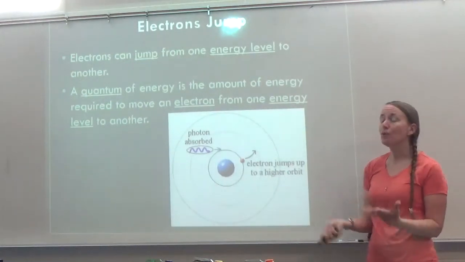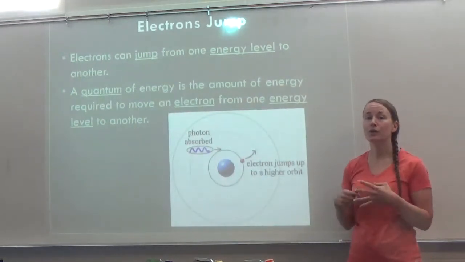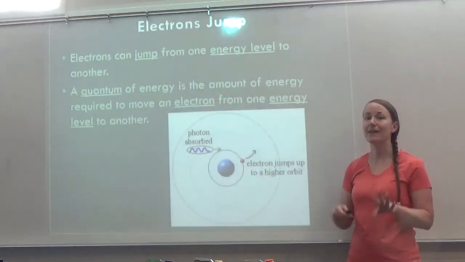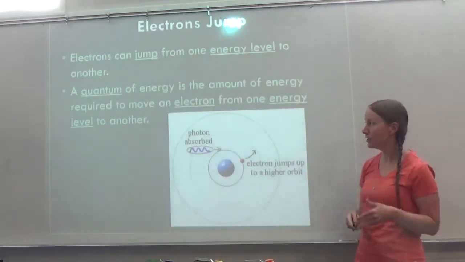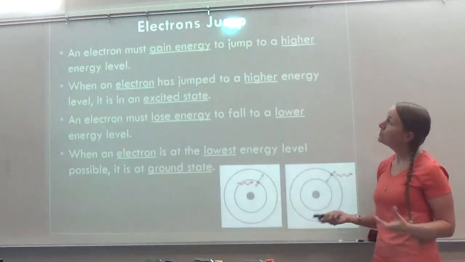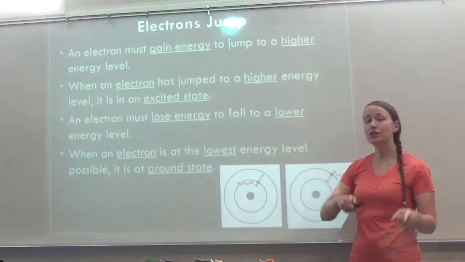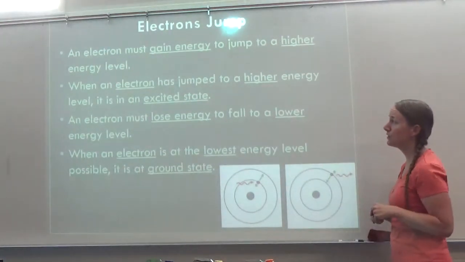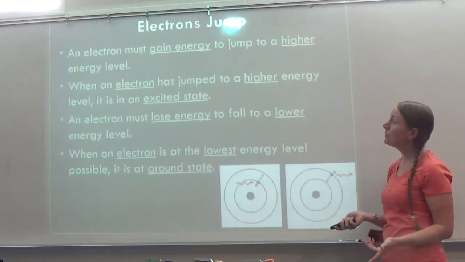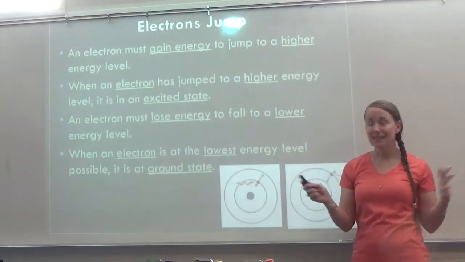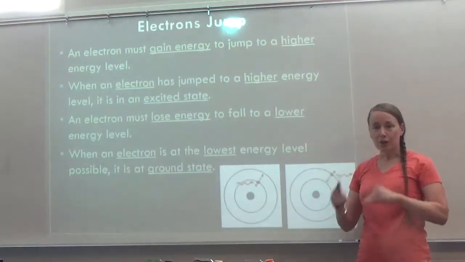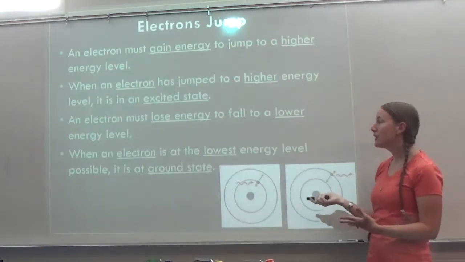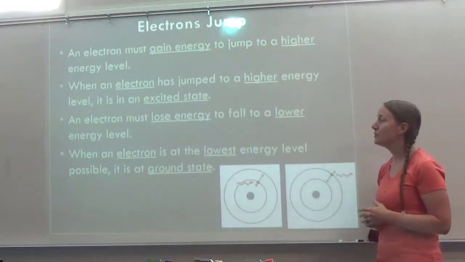So Bohr really gave us 2 completely new ideas: energy levels, and that electrons can jump to different energy levels. An electron must gain energy to jump up to a higher energy level. When an electron has jumped to a higher energy level, it's called excited. An electron must lose energy to fall to a lower energy level. And when an electron is at its lowest energy level possible, it is at ground state.